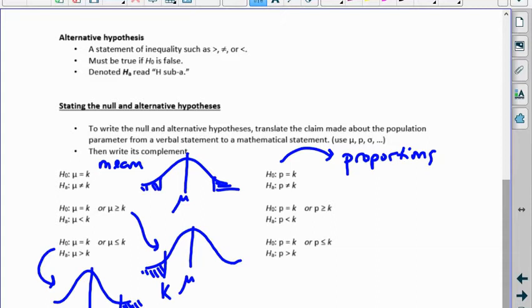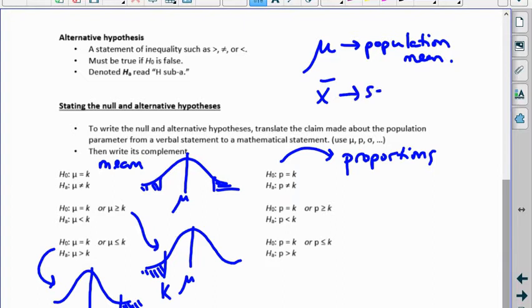One last thing to say about this is that we know that mu is a population mean. We know that X bar is a sample mean.